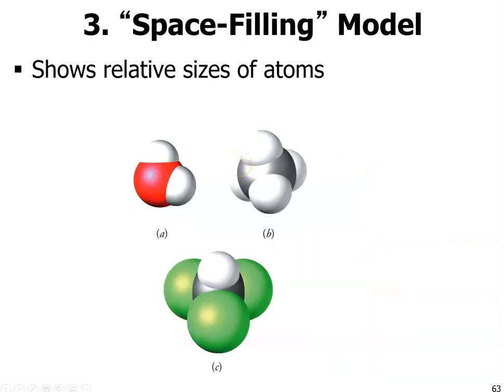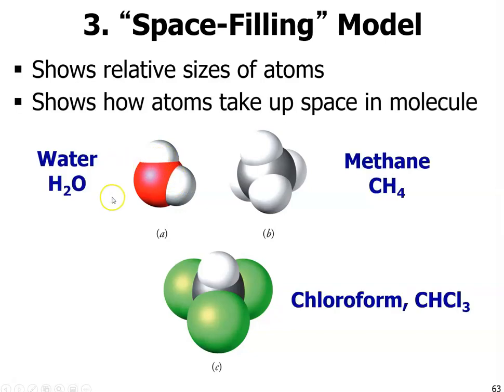Here is the space filling model, similar to the last one. It represents the different sizes of the atoms compared to each other, with the fusion of the spheres within each other representing sharing electrons. It shows how these atoms take up space in a molecule.